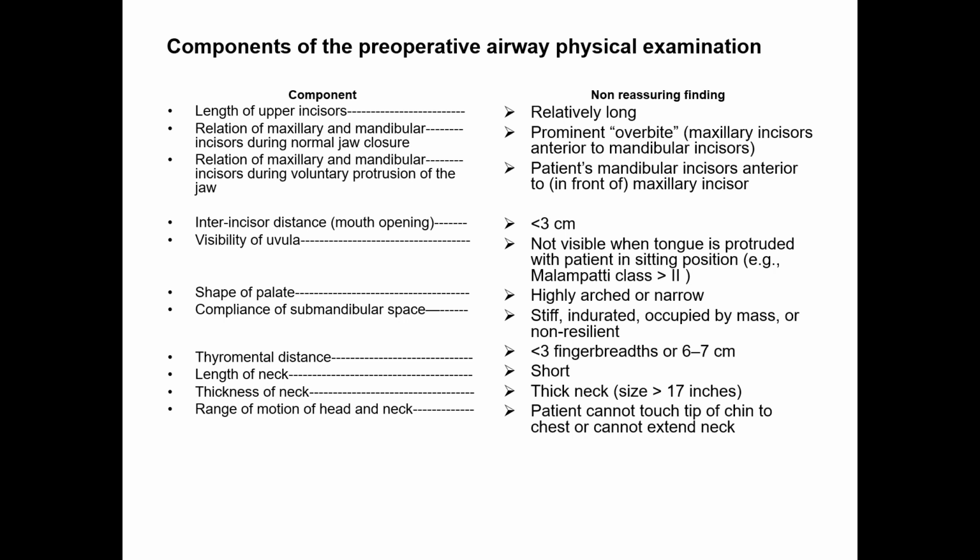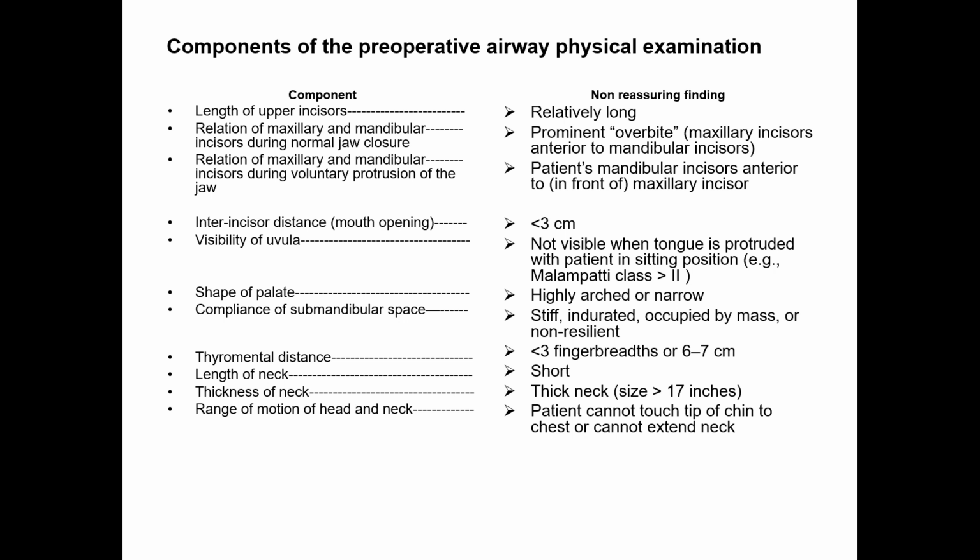Next is the relation of maxillary and mandibular incisors during normal jaw closure. That means we ask the patient to close his mouth, and we see if there is jaw recession, or the jaw is going backward because of micrognathia or maybe another disease, and so we expect difficult airway management.